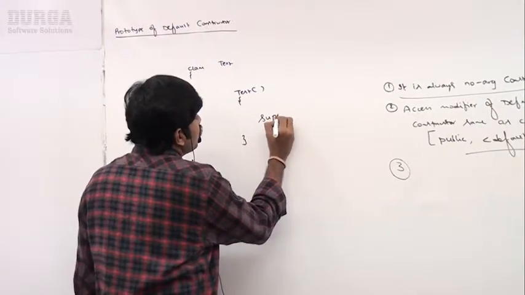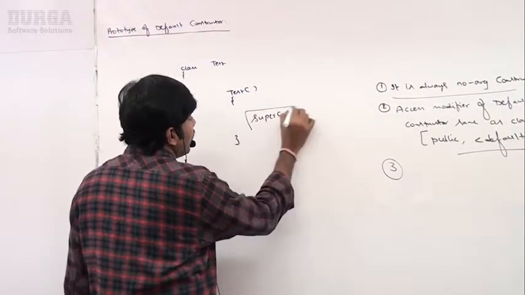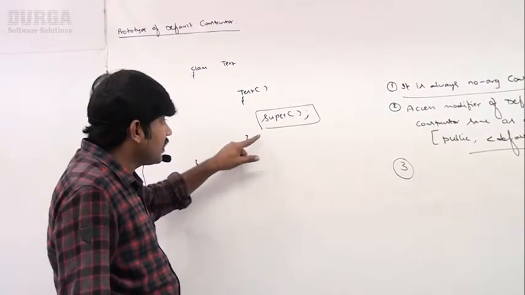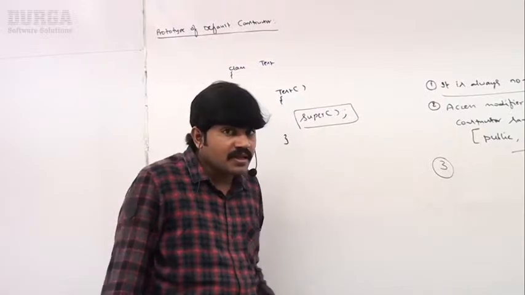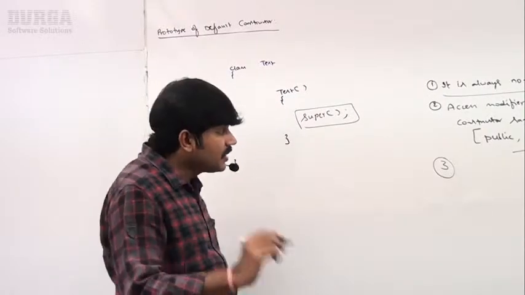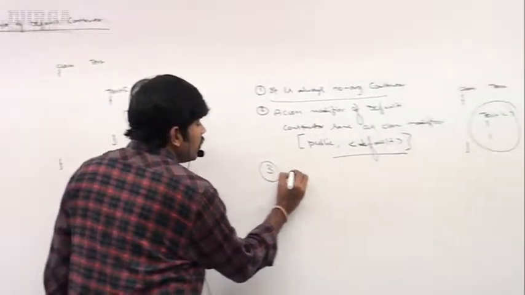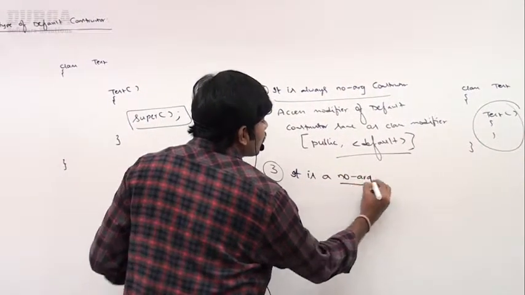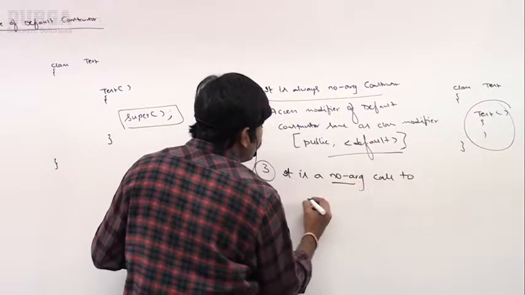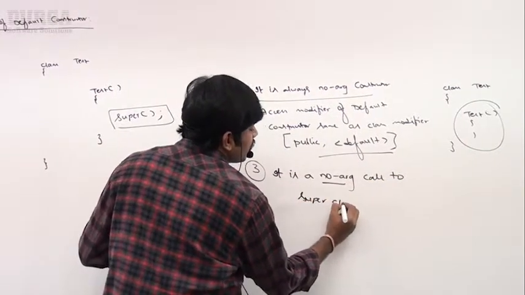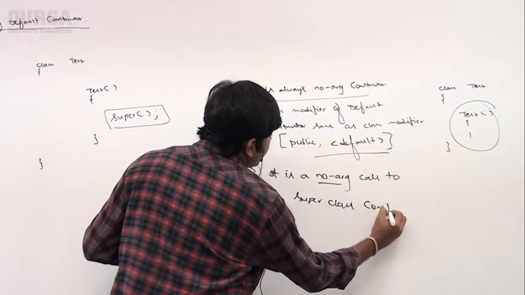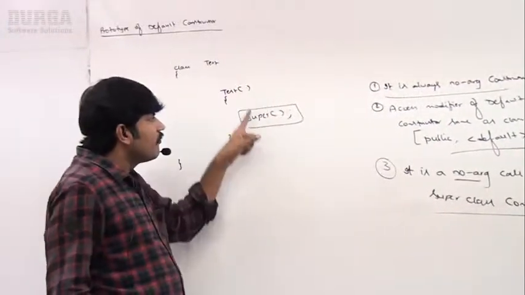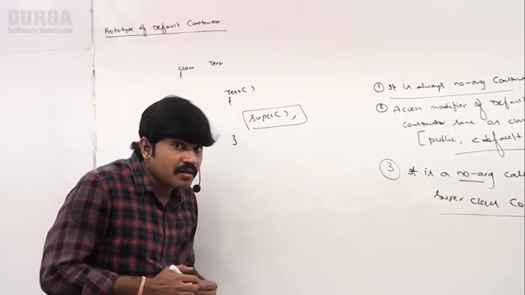Super. It is a no argument call to the superclass constructor. So the parent class constructor will be executed because of this call.